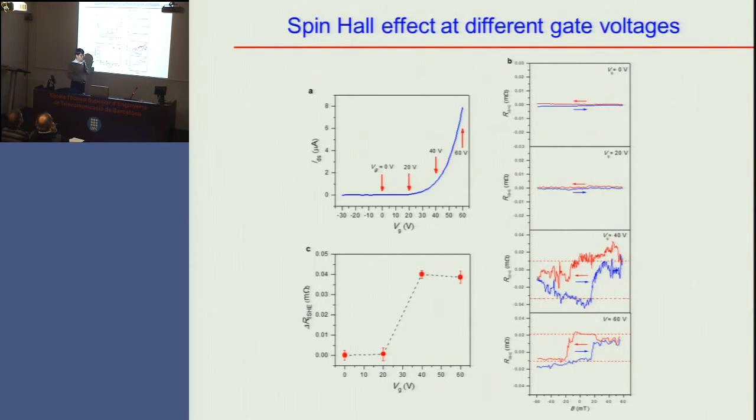Now, if you remember the structure of the samples, from the cobalt ferromagnetic electrode, spin-oriented electrons are injected. For example, when the magnetic field is zero, spin orientations are aligned to one side, and you have a transverse voltage observed this way.